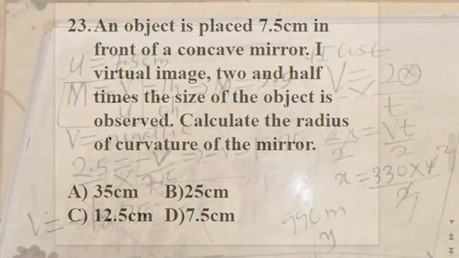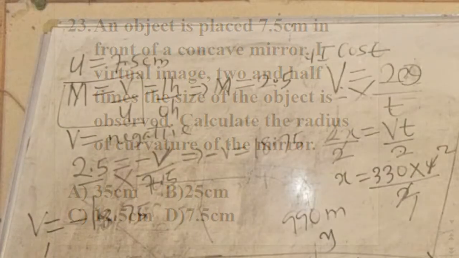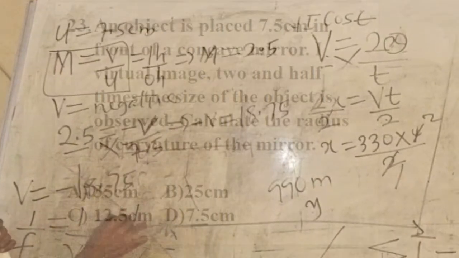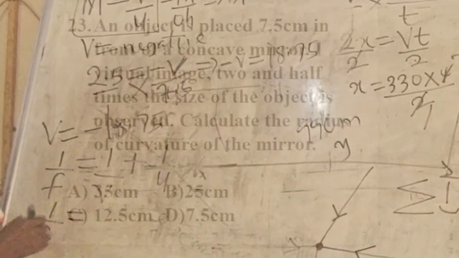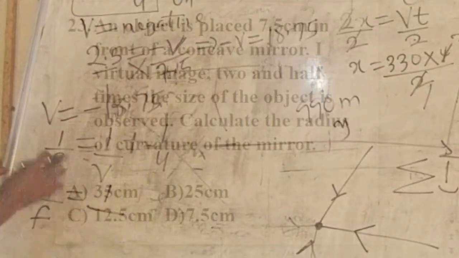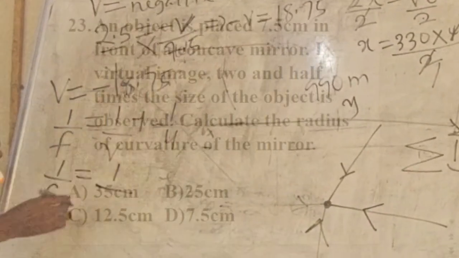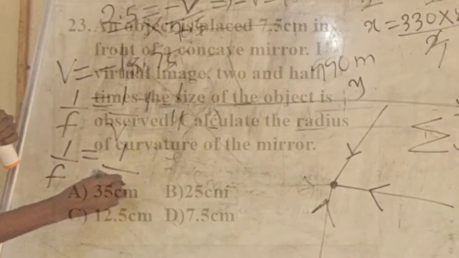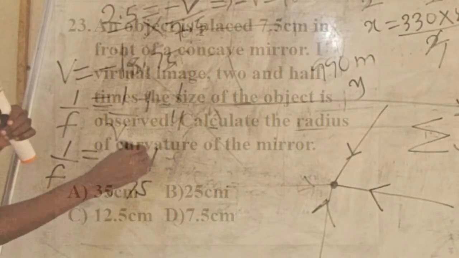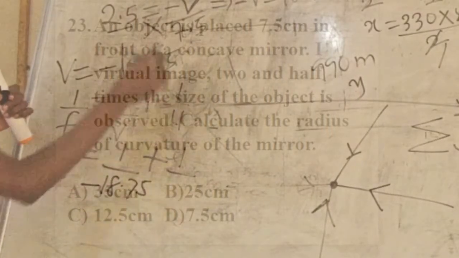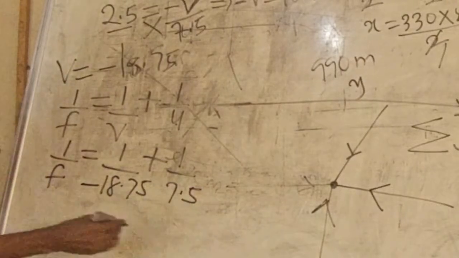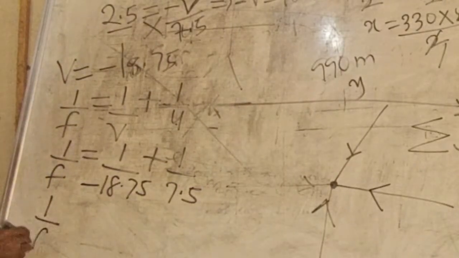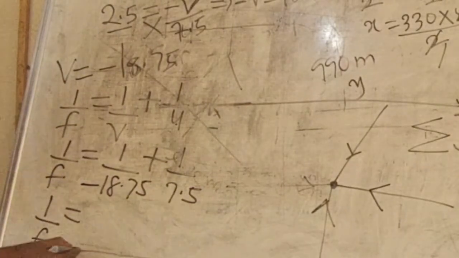And we remember the lens formula. 1 all over F is equal to 1 all over V plus 1 all over U. Our V is minus 18.75, plus 1 all over U. U is 7.5. And then we now say 1 all over F is equal to, we'll find the LCM.